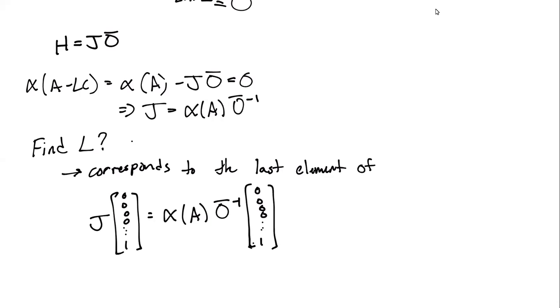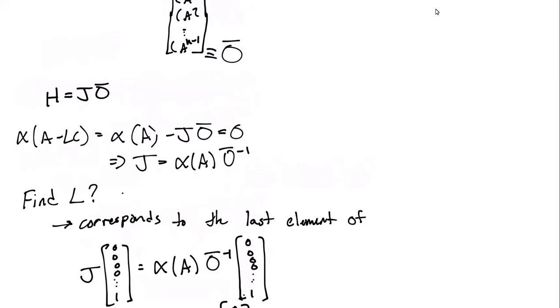We're allowed to do this because we're doing it on both sides of the equality. As I showed before, the quantity on the left-hand side is equal to L. So L is equal to alpha of A O bar inverse times this matrix 0, 0, 0 down to 1. And this is called Ackermann's formula for the state observer.